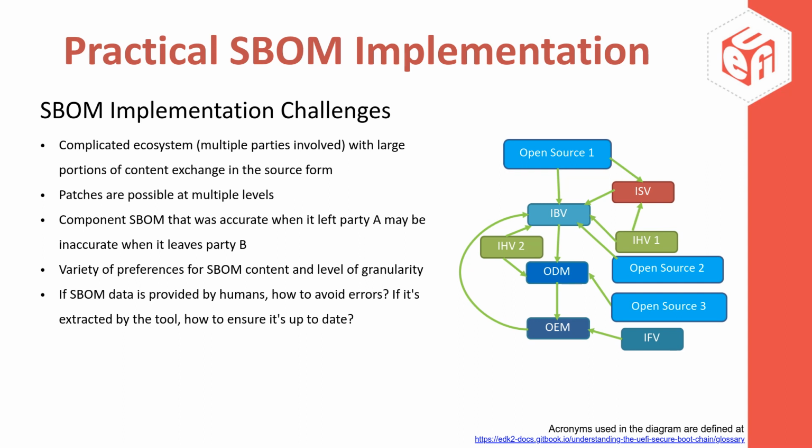What makes it even more complicated is that a lot of content exchange on this diagram happens in source form, which means that changes or patches are possible at each level in this diagram.